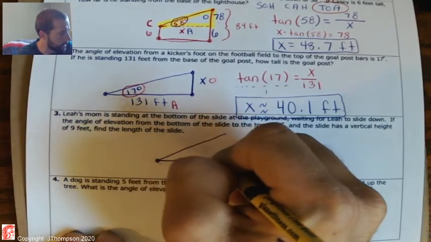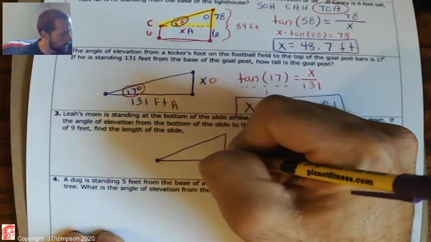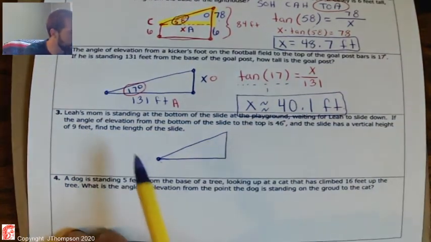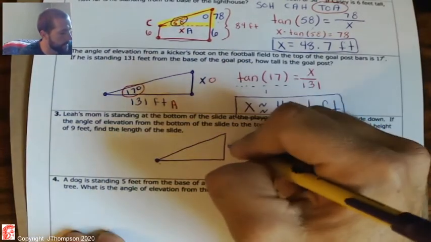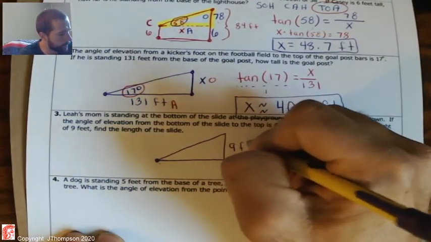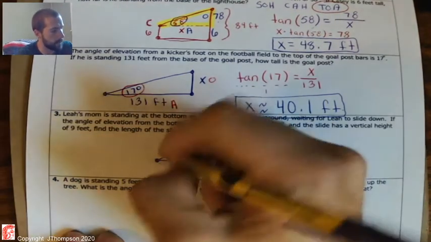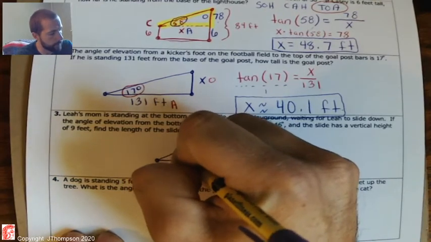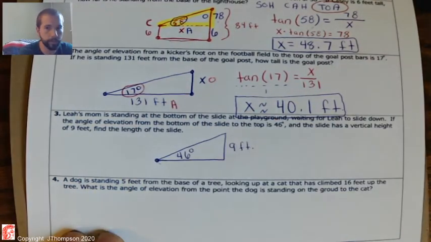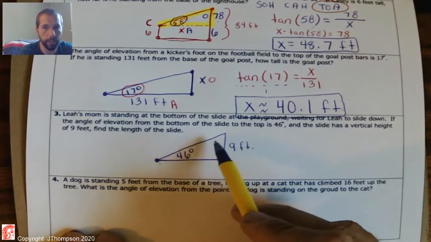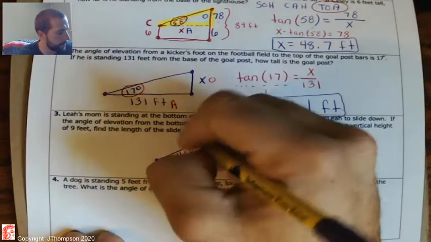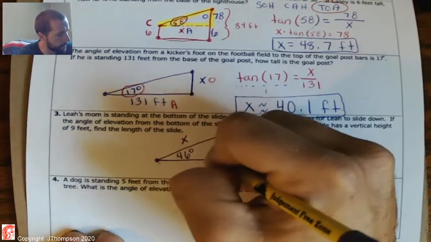Here's the horizontal distance, and then here's the height of the slide. Okay, so the vertical height of the slide is 9 feet. The angle from the bottom of the slide to the top of the slide is 46 degrees. So that's the angle of elevation. And the question is, find the length of the slide. So that would be this distance right here, the hypotenuse.